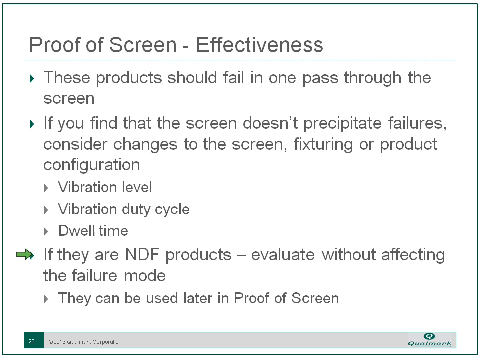Now, if you've got no defect found products from the field and they don't fail in the effectiveness screen, but you do have other indicators that the screen is effective, perhaps some of those failed and some of them didn't, look at those NDF products, do some deeper analysis to see if you can find a failure in them, but don't make any changes to them that might affect the failure mode, because you can use these later in the proof of screen.